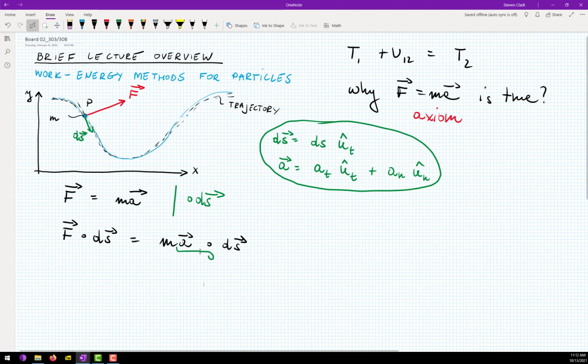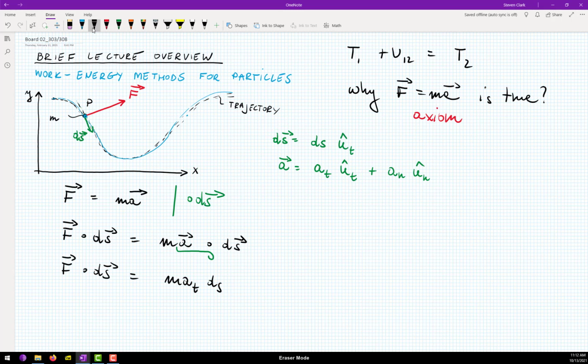Something is wrong with my computer today. I cannot erase this, it will stay. Okay, you also remember that a_t is equal to dv/dt, or equivalently it is equal to v dv/ds, of course.